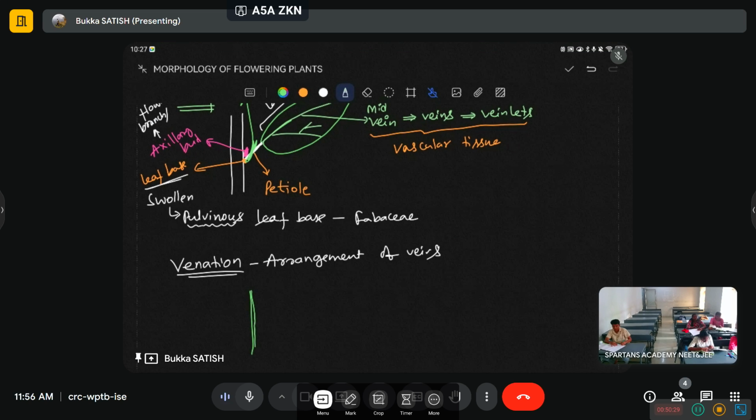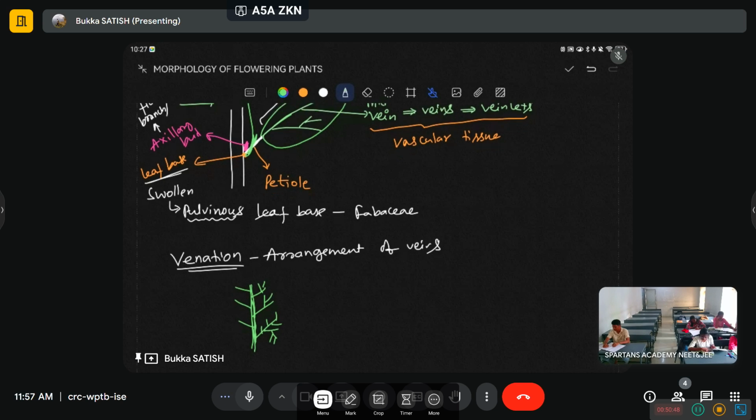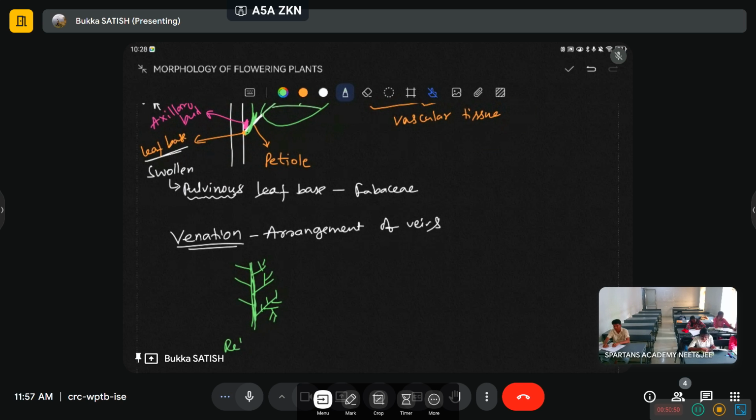There will be a main vein which is divided. Again, these are divided further. Like this, there will be a branching network of veins and veinlets. This is what we call reticulate venation. Now see, wherever the term reticulate comes, what is the meaning of reticulate?